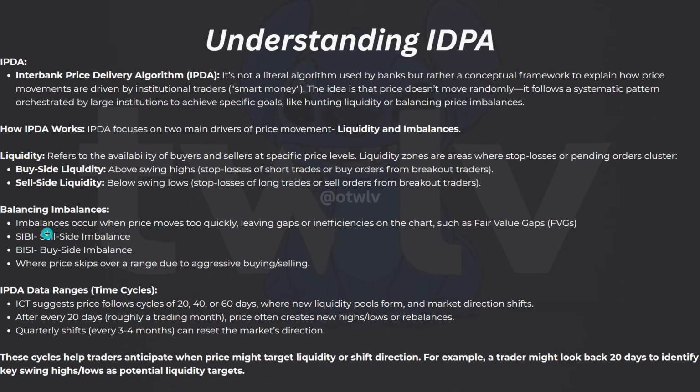Balancing imbalances. Imbalances occur when price moves too quickly, leaving gaps or inefficiencies on the chart, such as a fair value gap. That is what an imbalance is, okay? So a SIBI is a sell side imbalance, and a BISI is a buy side imbalance, where price skips over a range due to aggressive buying or selling.